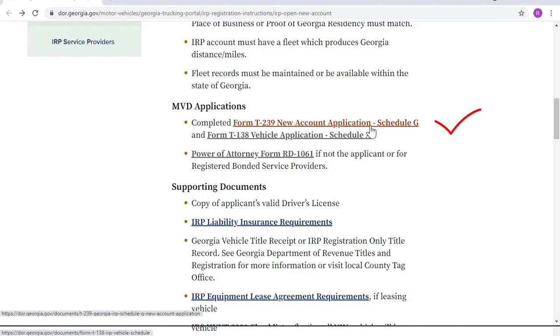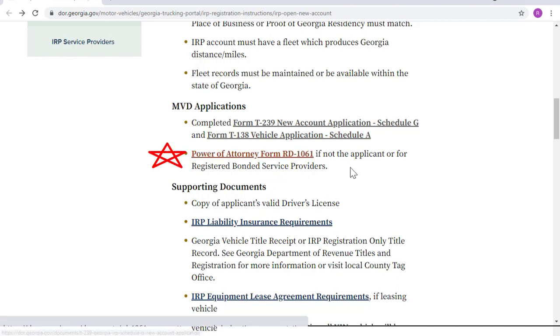Again, this whole entire slideshow presentation is for new accounts. Okay, so this is a slideshow for new accounts. So you have your Schedule A, your Schedule G, and your Schedule A. And if you're not the applicant, right, and you're a registered bond service provider, then you're going to do that under POA.